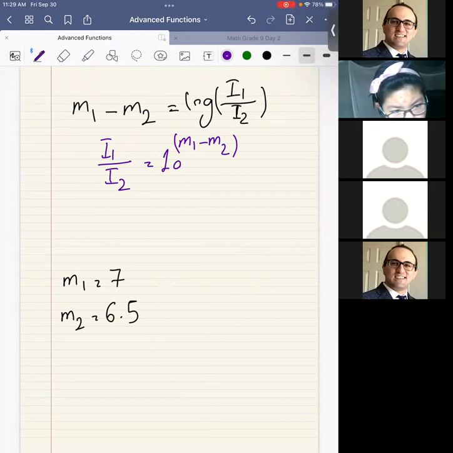Because when you say log of X equals A, that means X is equal to 10 to the power A. So always remember the relation between a logarithmic equation and the equivalent exponential equation. You can use these two equations interchangeably.